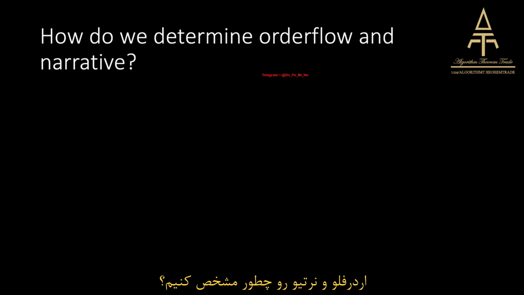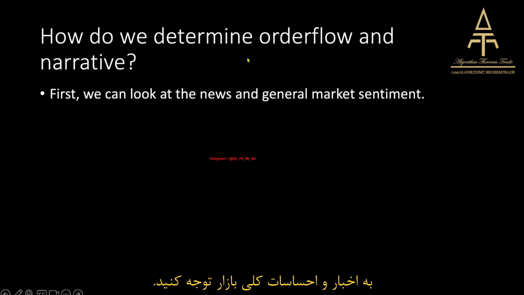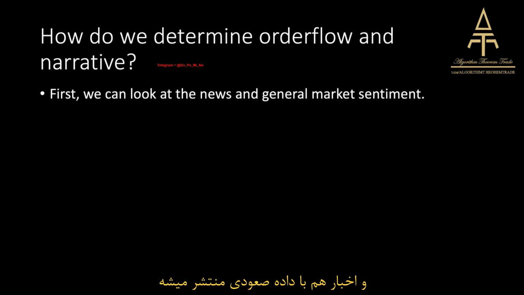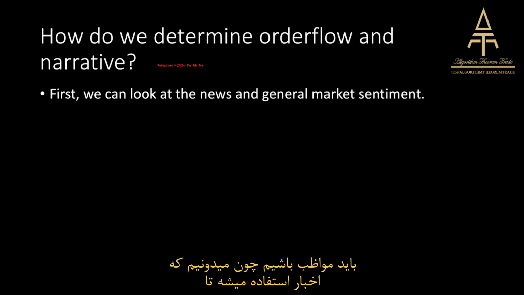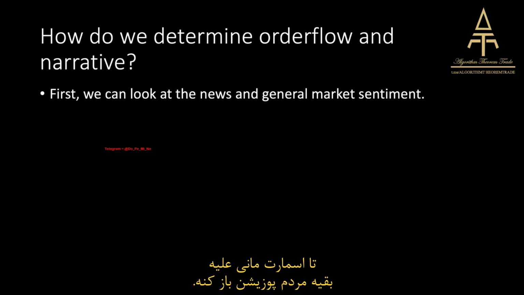So how do we determine order flow and narrative, really? First of all, we can look at the news and the general market sentiment. We know that when markets are going higher and when the news is becoming very bullish, euphoric, so to say, we should be cautious because we know that news gets utilized, or that leg higher gets utilized, for smart money to open short positions against, to sell against.